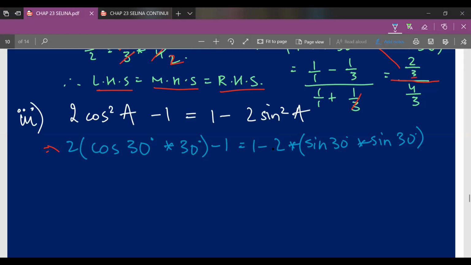Okay, so I'll solve this question. Over here I had made a little mistake, I had written 30 degree, so it is actually cos 30 degree into cos 30 degree.